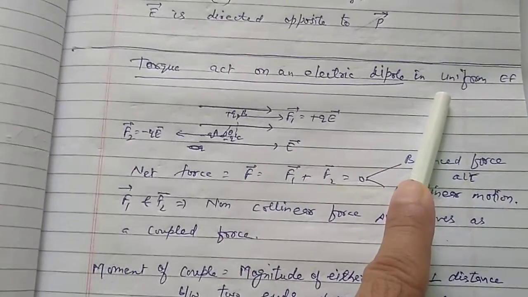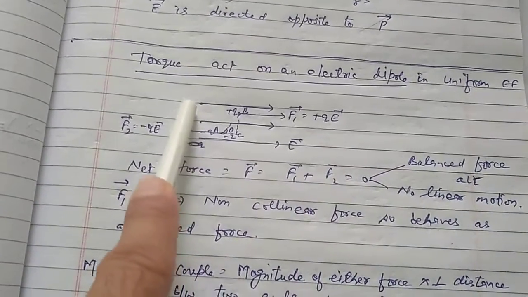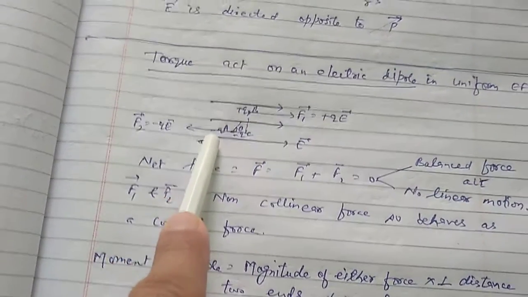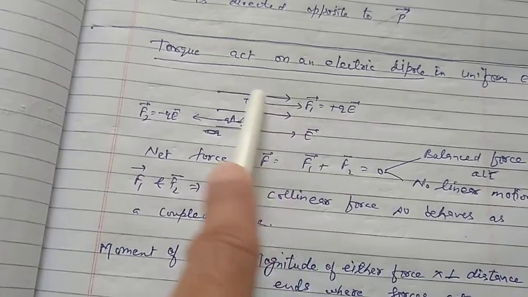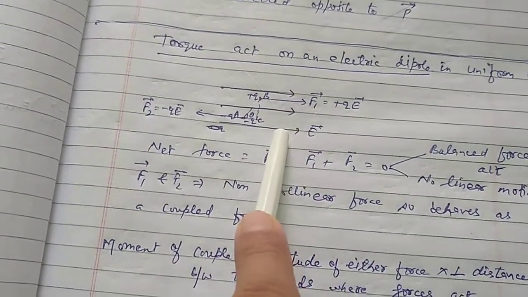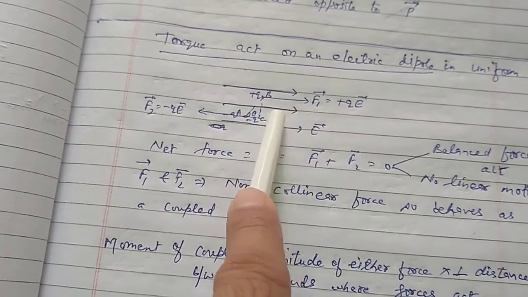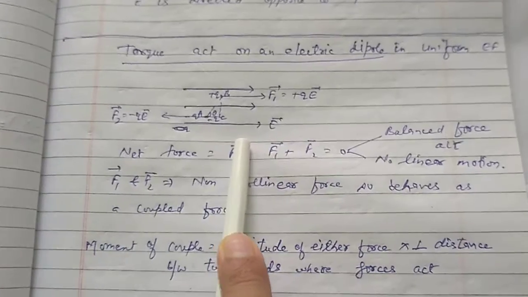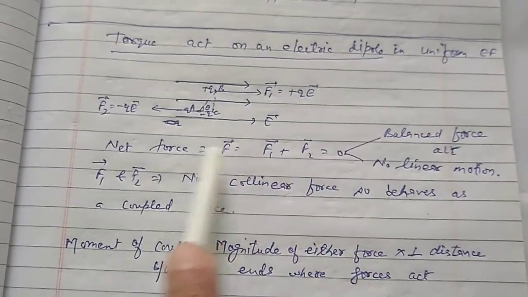So when you draw the electric field lines equally spaced, it means that they are constant in magnitude. And since they are in one direction, this is your uniform electric field. So uniform electric field lines are represented in this manner.